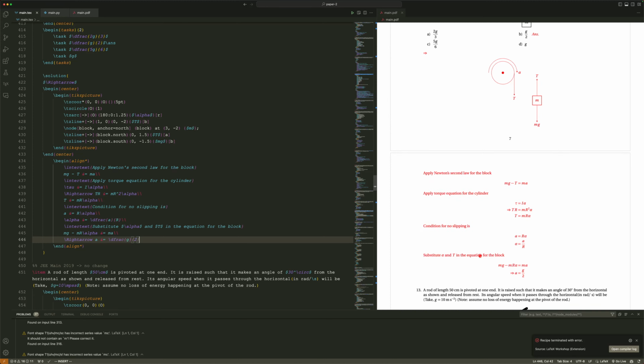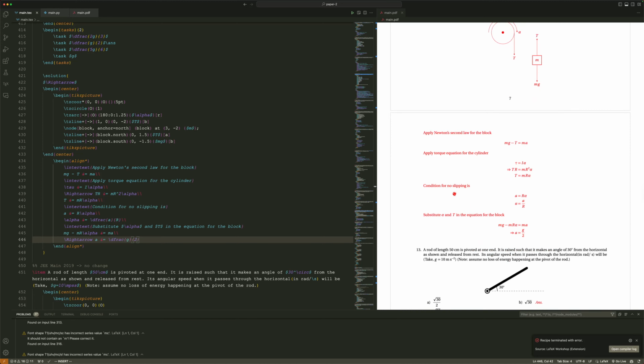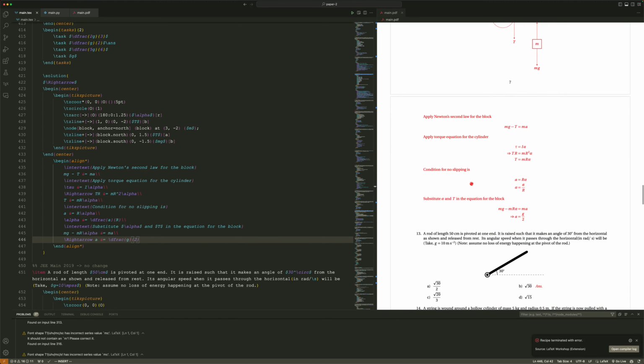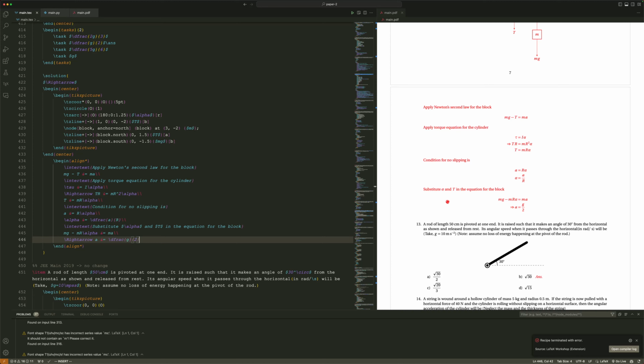As you can see, firstly we applied Newton's second law, then we applied the torque equation, then the condition for no slipping, and then we substituted the value of alpha and T in the equation of the block. Because for the block mg minus T is equal to ma, we just put in the value of tension.